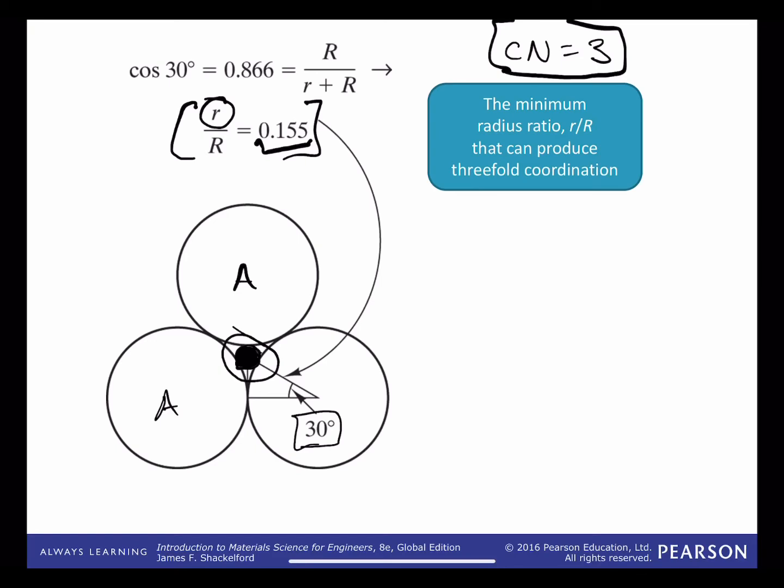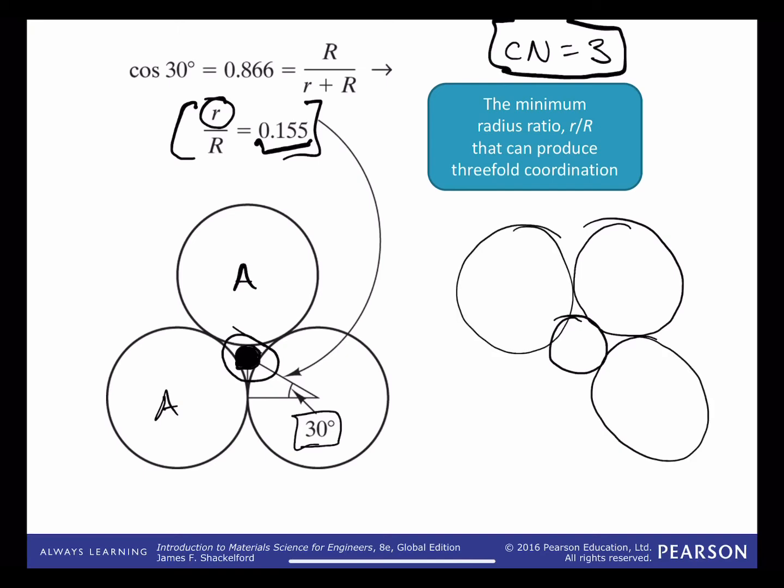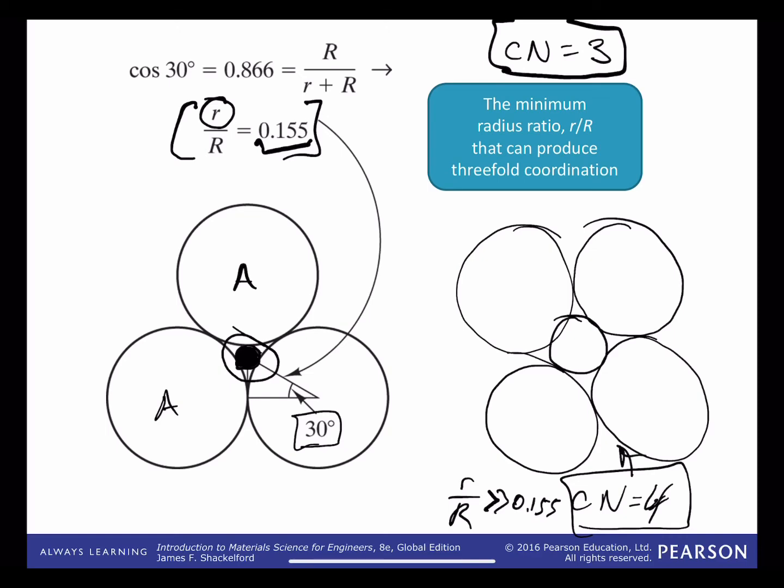So as we go to larger cations, putting the same number of anions around this, we might expect that coordination number of 4 will be allowed at some point. And so the r over R is going to be much greater than this 0.155. So other geometric analyses have been done on these other coordination number options, and those values are going to be listed in the next table here.